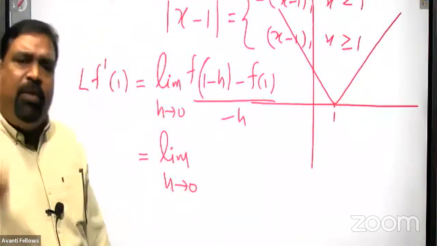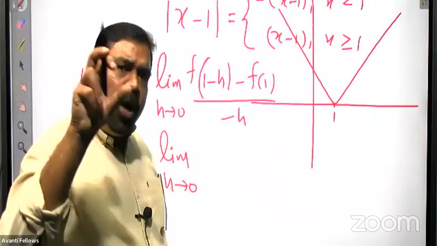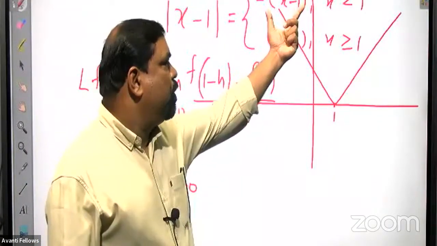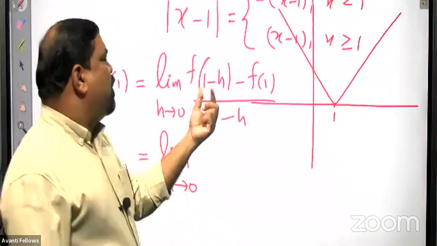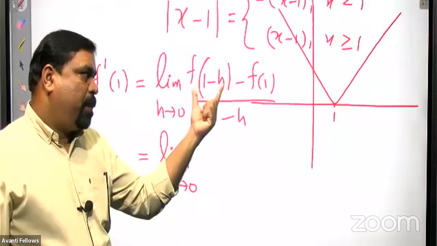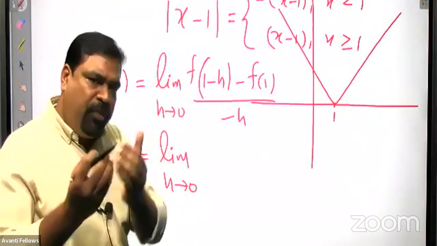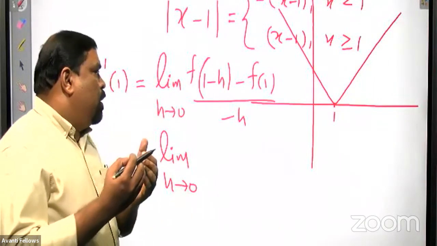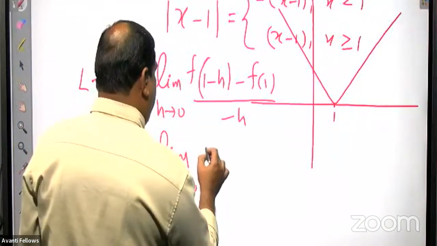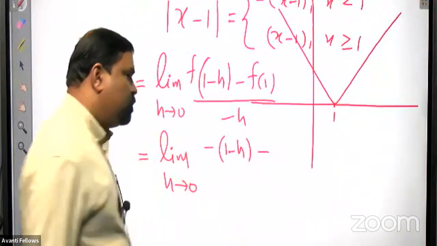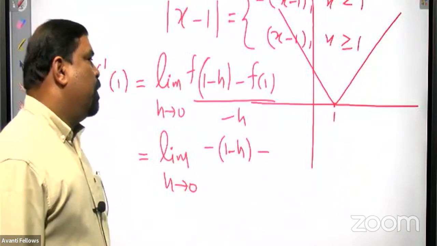That means for x less than 1, we have to take the branch minus of x minus 1. So f of 1 minus h should be minus of 1 minus h minus 1.